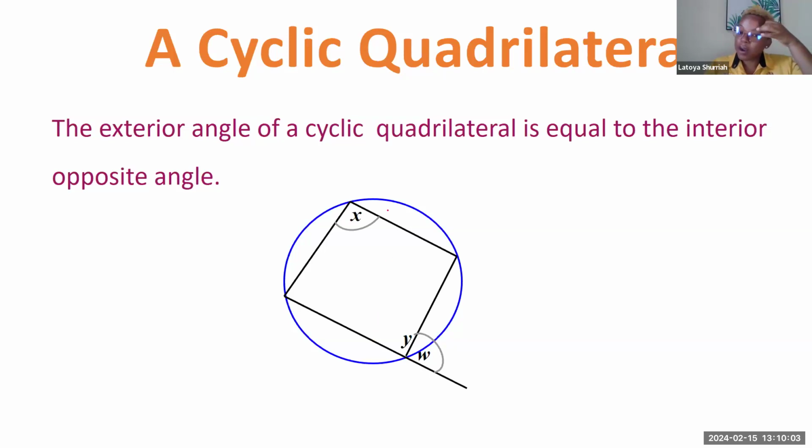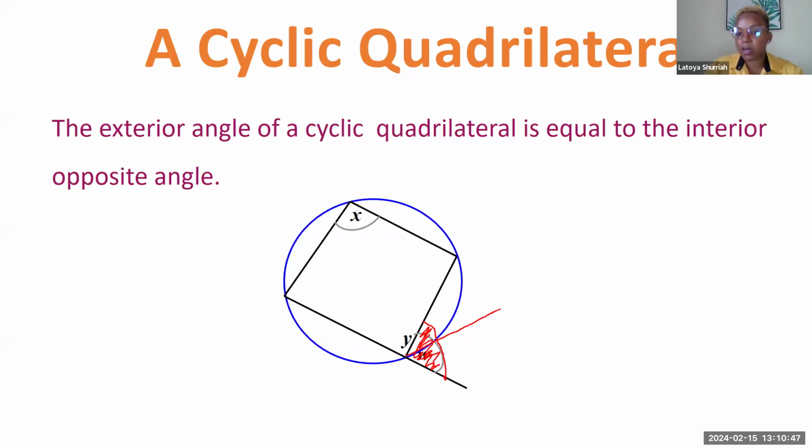We also confirmed that X and W will be equal because Y and W are adjacent angles on a straight line. But I am saying to you that this entire space on the outside here will be equal to X. So in the event there is another angle and we have two angles on the outside, both angles together are what will be equal to X and not one of the angles, because it's the entire portion.